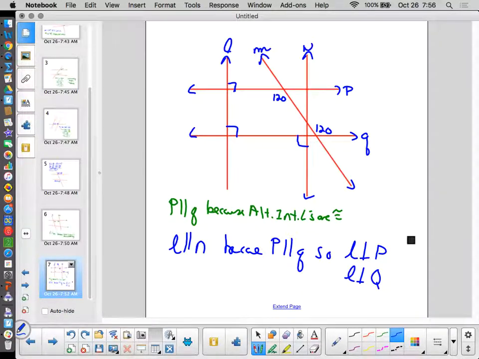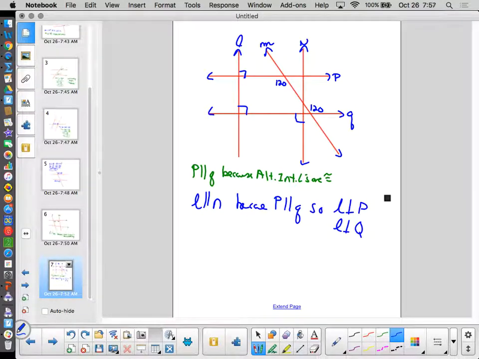And then Q is also perpendicular to N, and these two make that. But that would be really complicated. That's a really complicated picture.